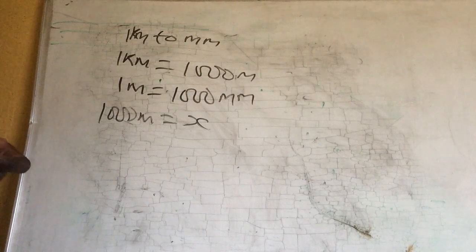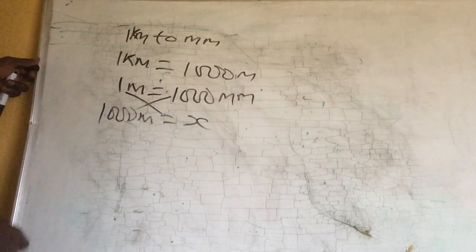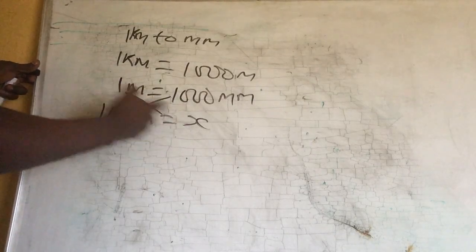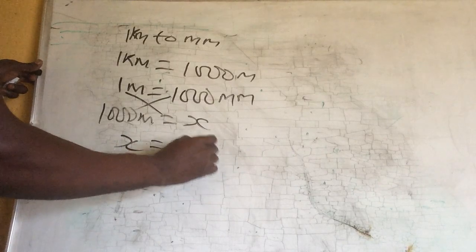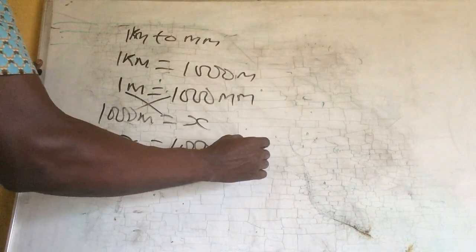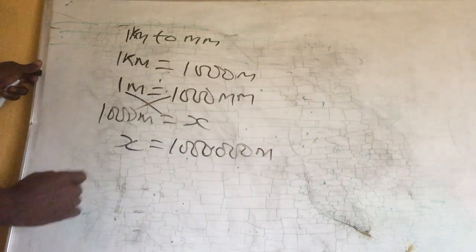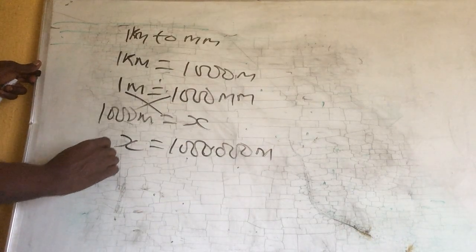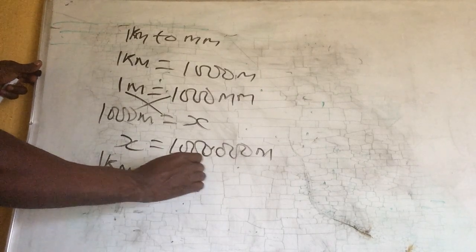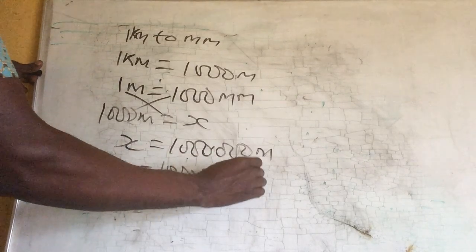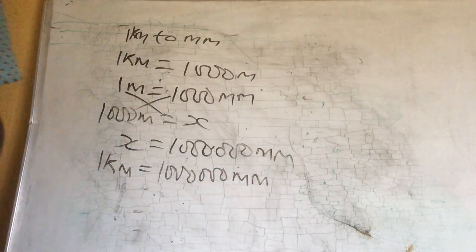You don't know. You now cross multiply, which is 1000 times 1000, which is 1 million millimeters. Therefore, 1 kilometer equals 1 million millimeters. So that is how it is done.